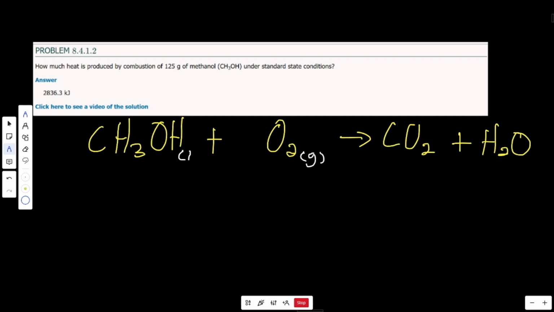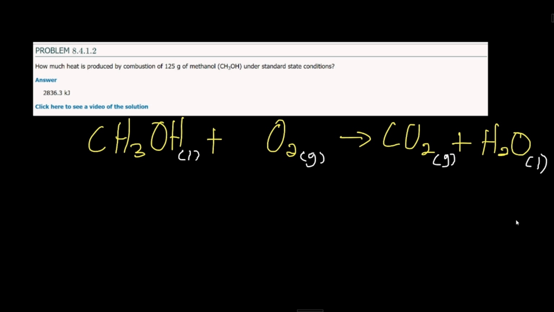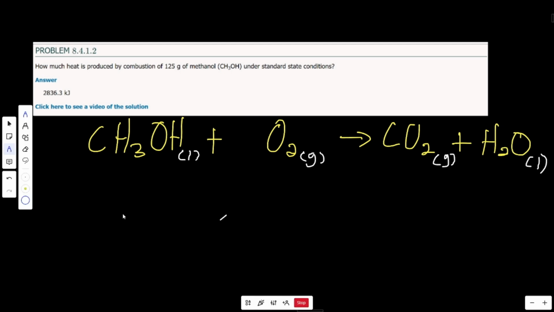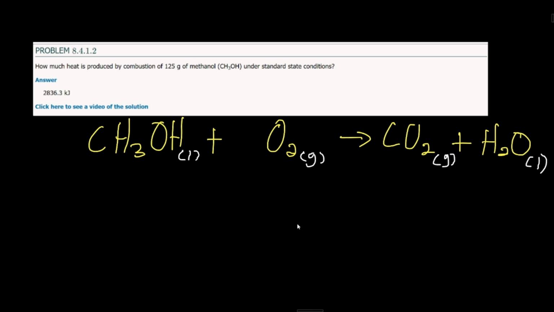This is in liquid form. This is in gaseous form, and this is in liquid form. It's important to note that in normal combustion, water is produced in the form of water vapor. Why in this case is it in liquid form? It's because standard state conditions are typically dictated at room temperature, or 25 degrees Celsius. And at 25 degrees Celsius, water is not frozen nor water vapor, it's liquid. So that's how we use it here.